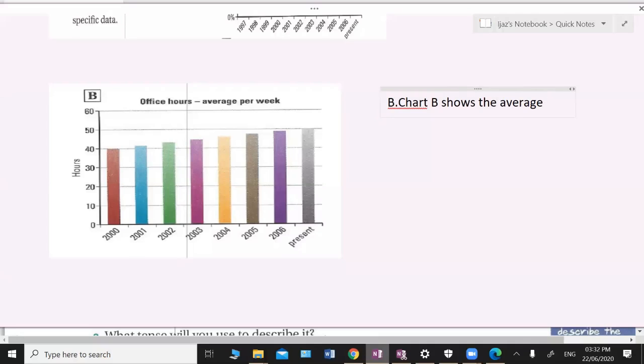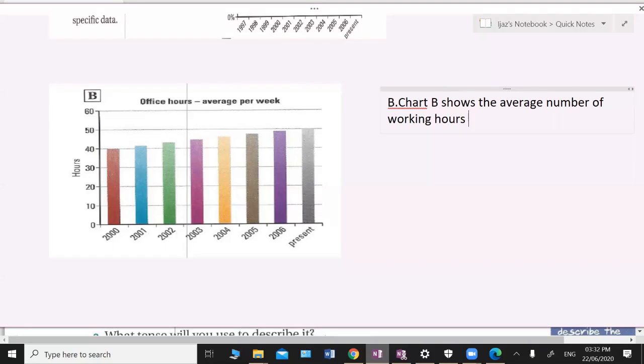Chart B shows the average number of working hours. Now you should be working on the second sentence, which gives us detail as a whole, like summarizes what it explains, from what year to what year, and what is explained in that, and one sentence with some specific information.